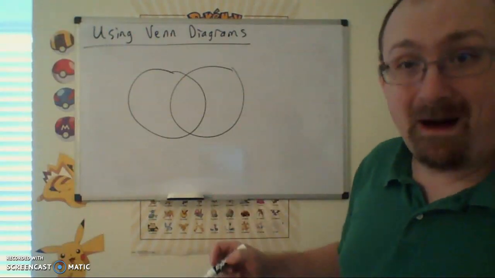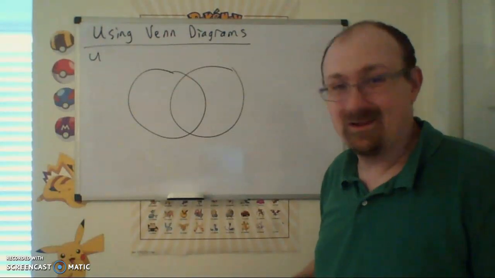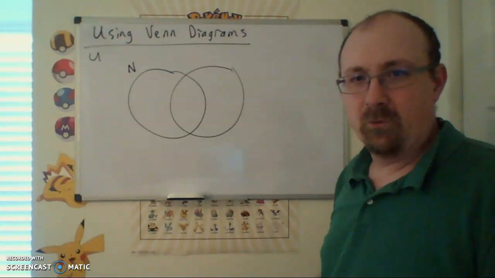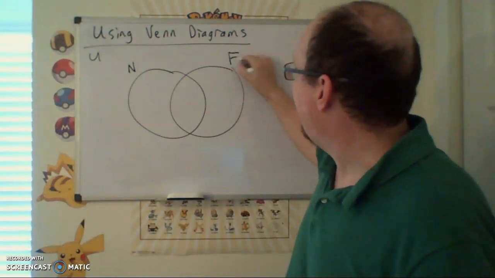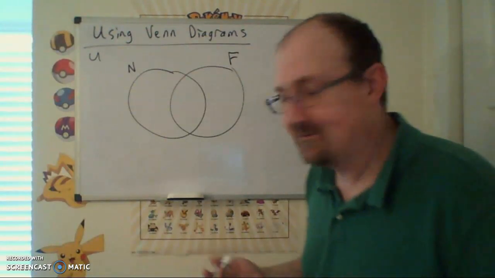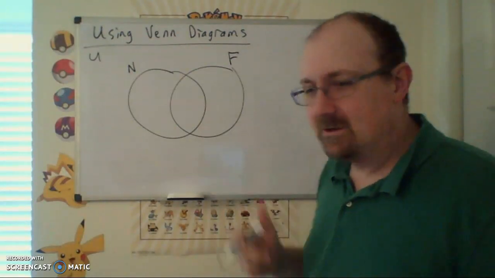So if you're wanting to draw a box around this Venn diagram style, my U for universal set would go right there. And then I would have a couple of sets, N for North Carolina residents, then F for first-year students. So hopefully those letters make sense. You could just use A and B if you wanted, but why not be a little more evocative?